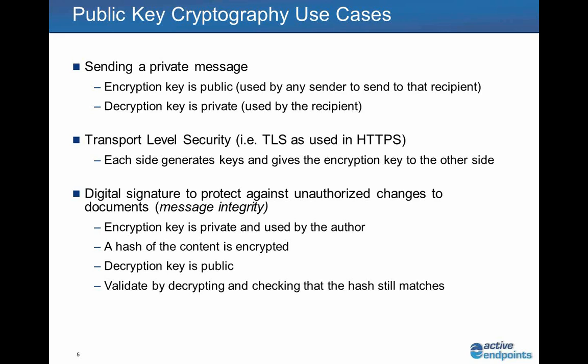Now, let me go on to the decryption, for the guy who wants to verify that the signature is right. In this case, the decryption key is public. So anybody can look at a document and know whether it was really authored by the guy who claims to have authored it.